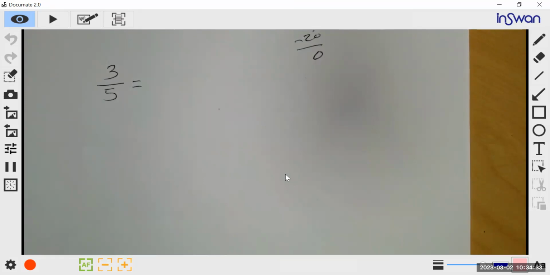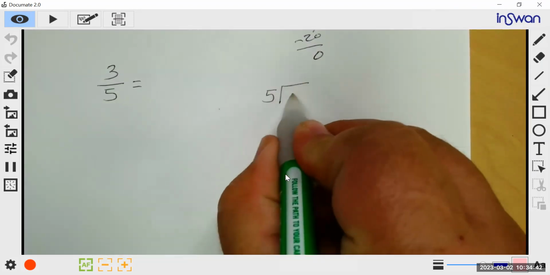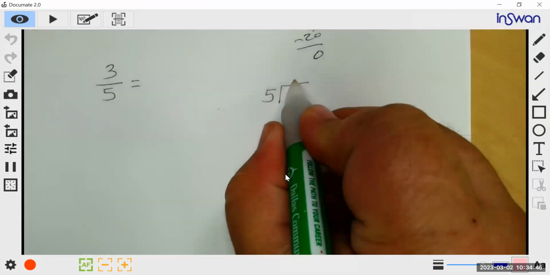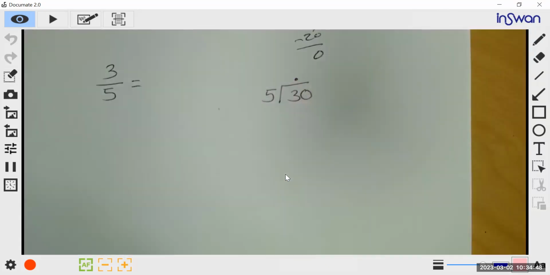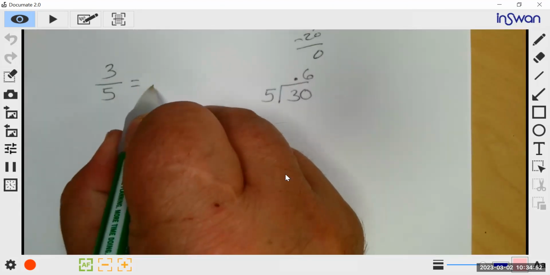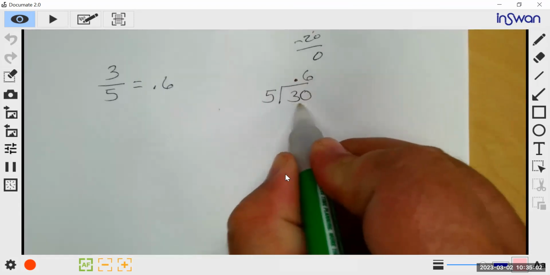No, she got 0.6. Okay, let's look at this. Does 5 go into 3? No. So we put a decimal and we put a 0. 5 goes into 30 6 times. So it's 0.6, not 0.06. Once we put a decimal there, that adds a 0 to the number.